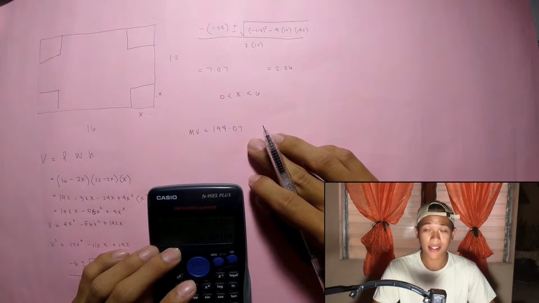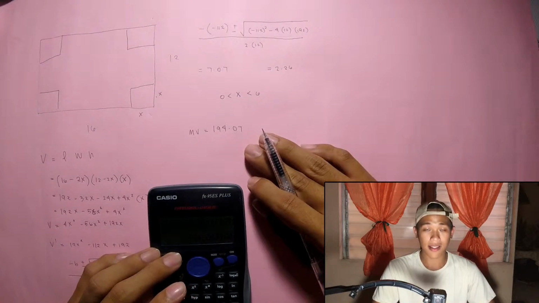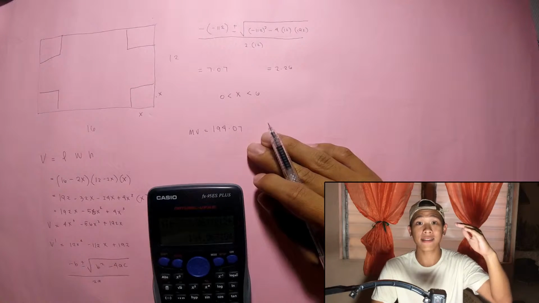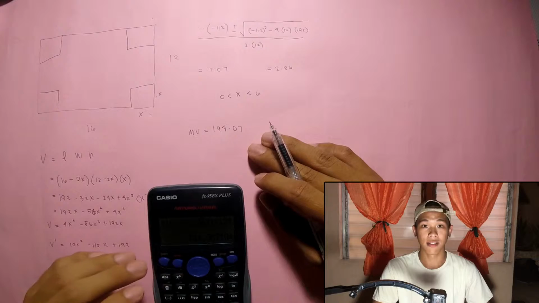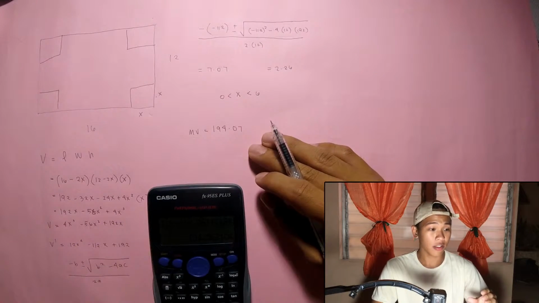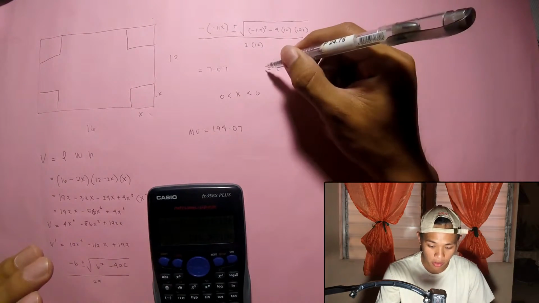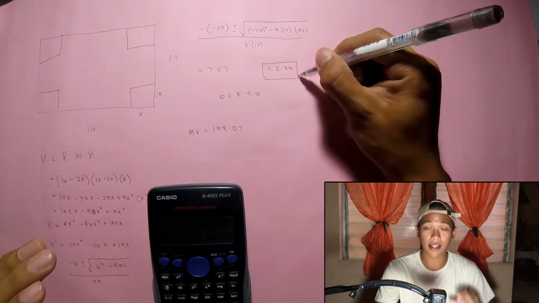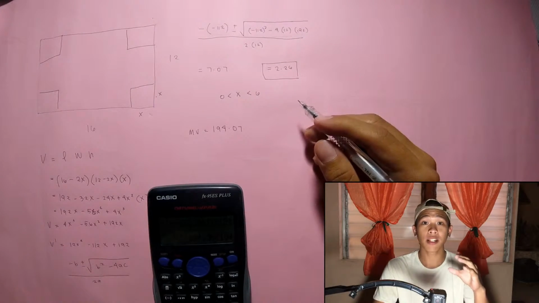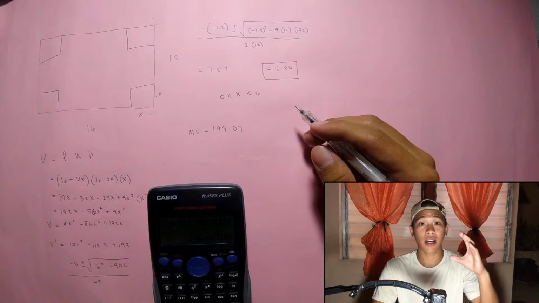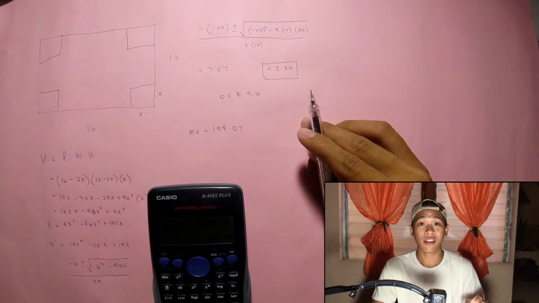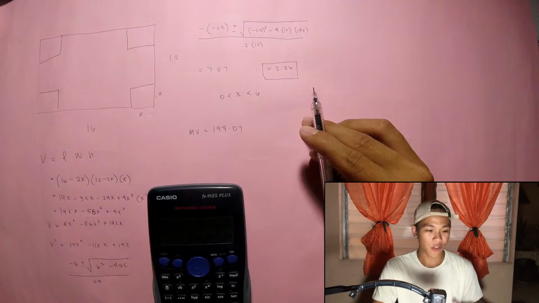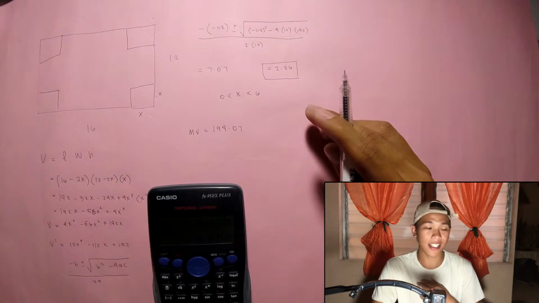Over here, this is our maximum volume. This is the highest possible volume that we can reach with the value of x. So the value of x is 2.26. It is the number that gives us our highest volume for this cardboard sheet with these dimensions. So let us read again the problem.